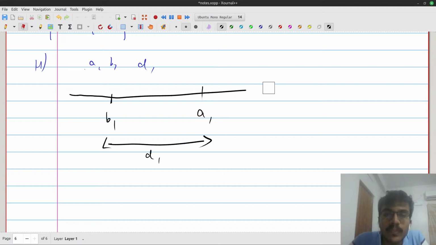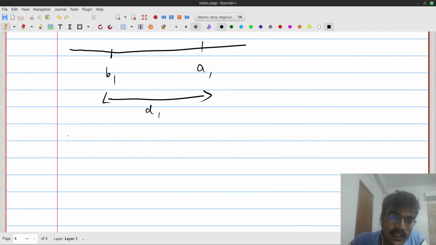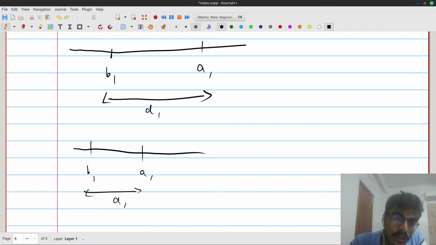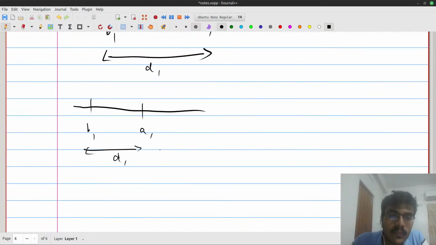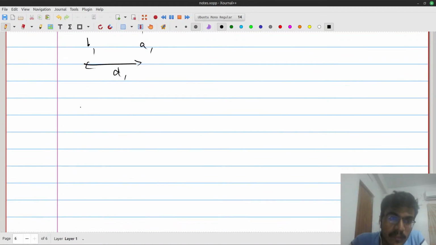Now, if you had a bunch of test cases like this, let's see how we can do that. B1 might be over here, A1 might be over here, and D1 might be over here, and after that you might have one more condition. I'll give some examples to make it easier.